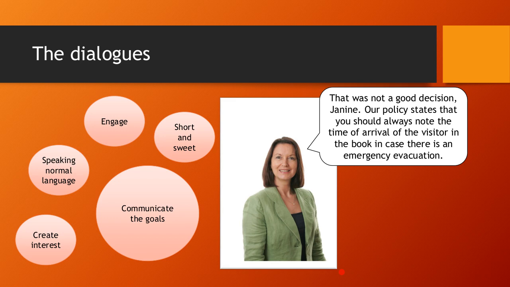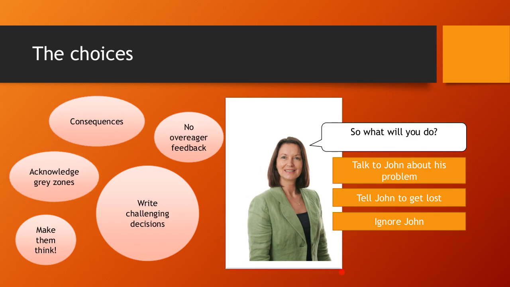So they must be talking normal language. That's what we try to do, even in the Prince Martin one. It's a bit fun, a bit cheeky, and the type of what a story like that would be when you read it in a book. Dialogues need to be engaging and short, and they also need in some way to communicate the goals, and people need to be interested in what the consequence in the dialogue is. And that's going to be a bit clearer in the Twine example that I made.